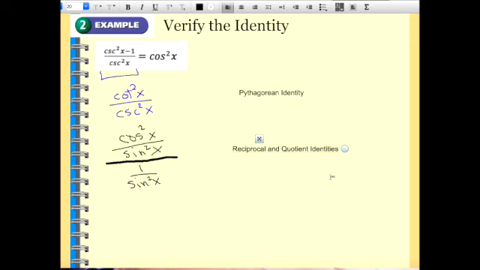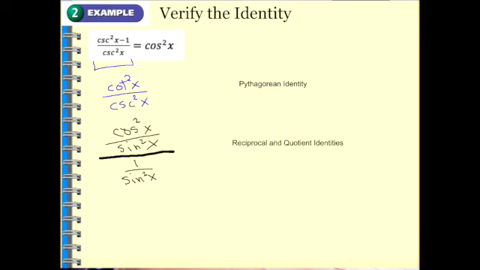Very nice. Well, this is set up nicely. It's a complex fraction, so we could go ahead and divide. You can multiply by the reciprocal if you like. So I'm going to end up with cosine squared times sine squared, divided by sine squared times 1.